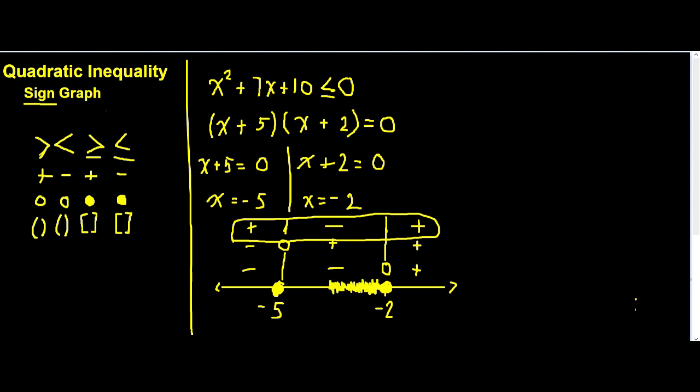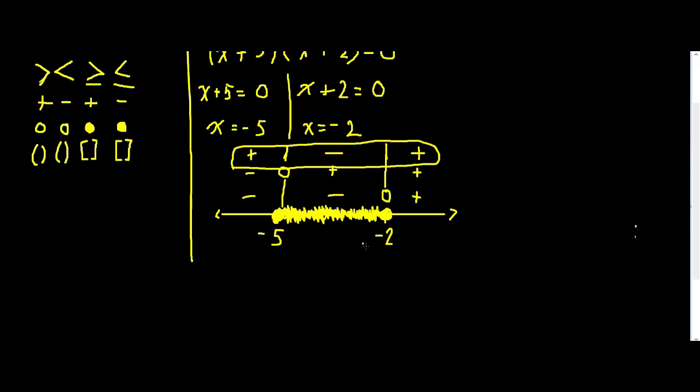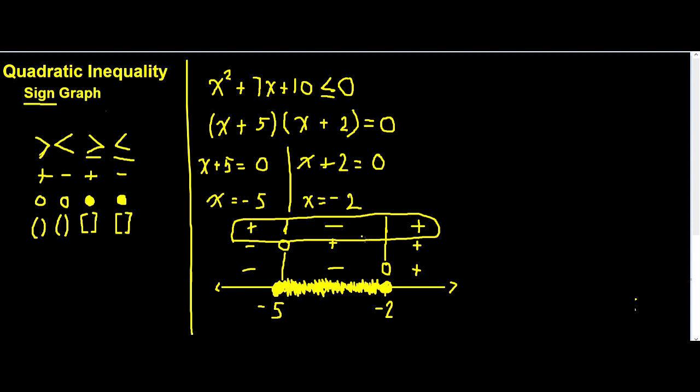Lahat ng numbers na nasa gitna, yung negative 5 hanggang kay negative 2, those are what you call solution sets. It will make your inequality true. Kapag substitute ka ng number in between negative 5 and negative 2, magiging true yung inequality mo.